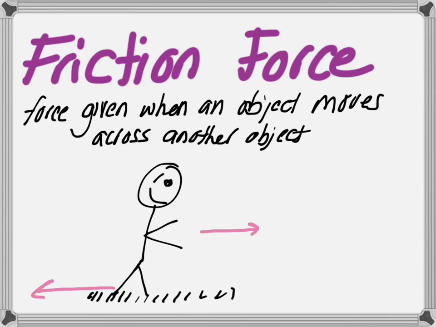So this is the friction force. It always wants to slow down the direction that you're going. Friction is what causes you to stop. If it wasn't for friction, you would just continue to walk or even slide, and then you would just never stop until you bumped into something. Okay, so now let's go on to the next one.